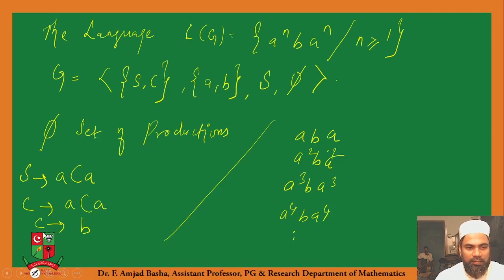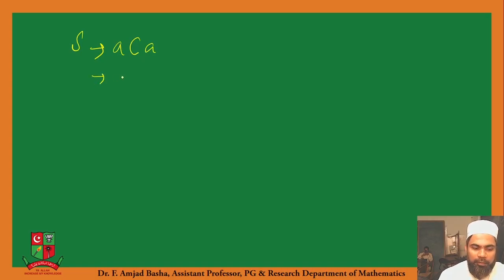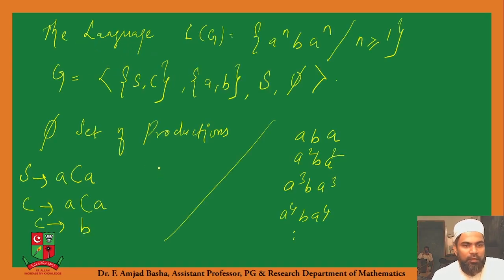Let me generate some words here. Suppose I want to generate a square b a square. The production I will start with is S to a capital C a, followed by a C a. The production which I have used is, look here, I have replaced C as aCa.